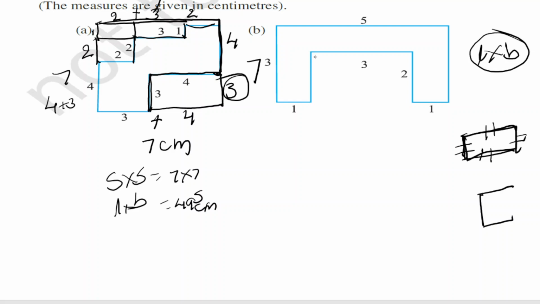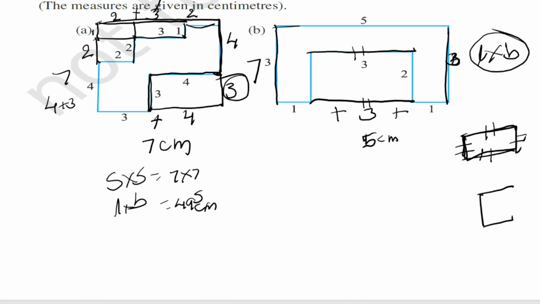And coming to here its length is given as 3 centimeters and this is parallel to that length, so this is also 3 centimeters. These are the parallel lines, so this is 3 centimeters, and here this is given as 3 centimeters and this length is parallel to that length, so this is also 3 centimeters. So here it is 1 plus 3 plus 1, that is equal to 5 centimeters.